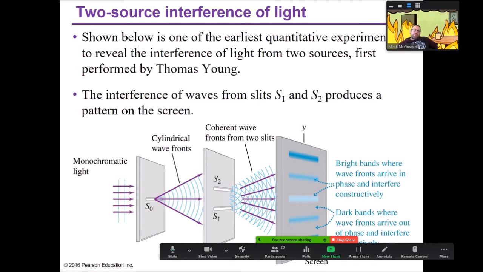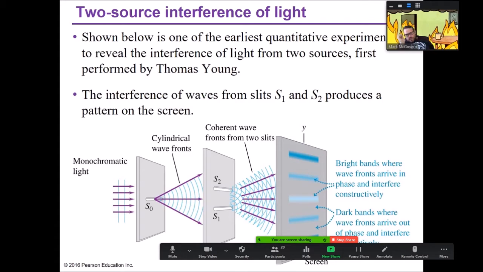Okay, now we want to apply this principle to light. You can do it for any kind of waves, but we're technically still on the topic of optics, and we're going to continue on that. But we're now delving into more modern principles.